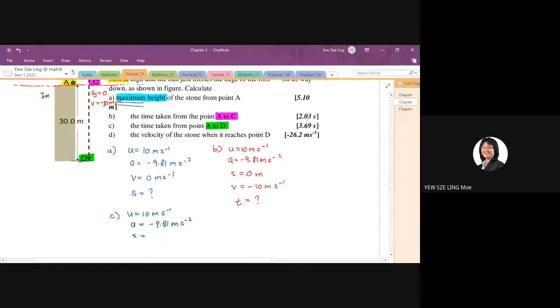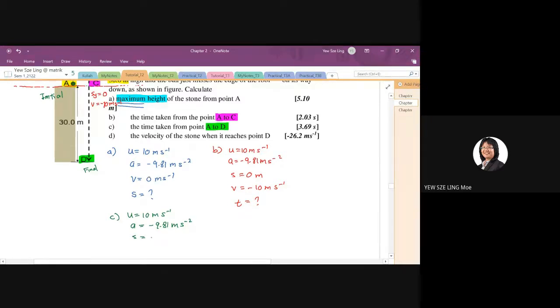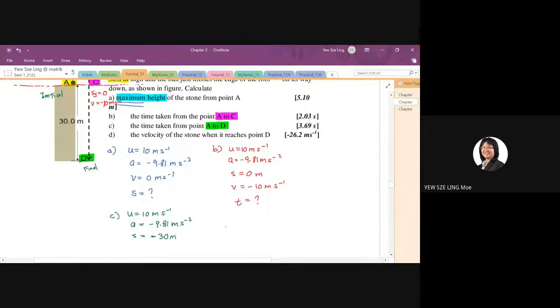Now my initial is point A, my final position is point B, so the displacement between initial and final is 30 meters. But if you look at the question again, the final is D, and this D is located below the initial position. Therefore, my s is now equal to negative 30 meters.